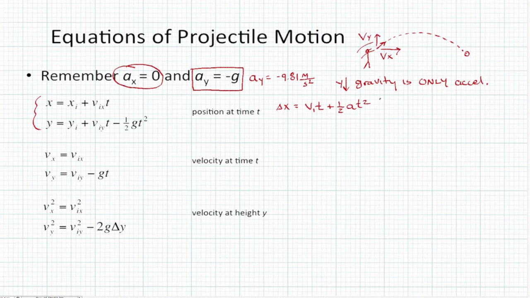I believe that was equation 4 that we learned several chapters back. If you recall, delta x is really the same thing as x final minus x initial. That is the final position minus the initial position, and then the rest of it was all the same. That's essentially what we have in this top equation right here.